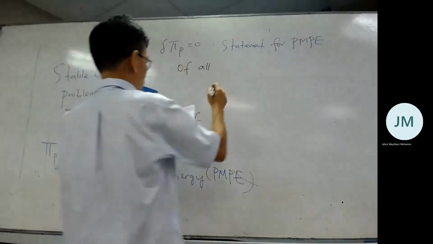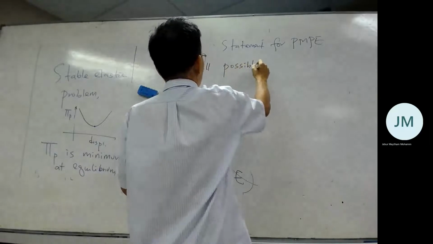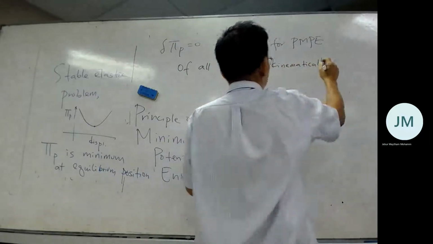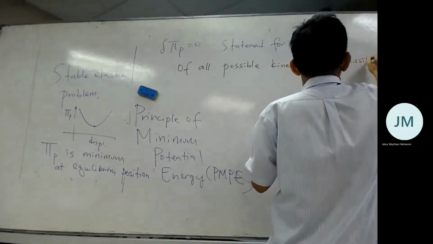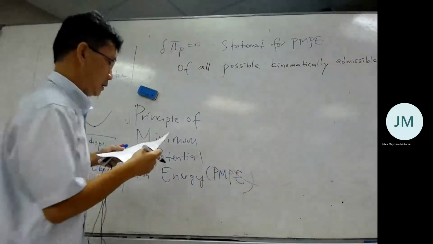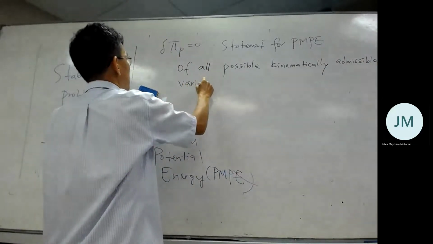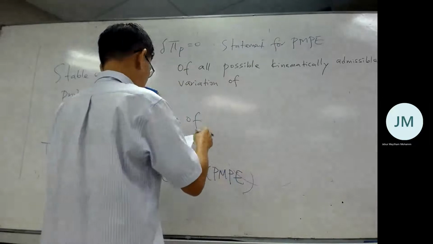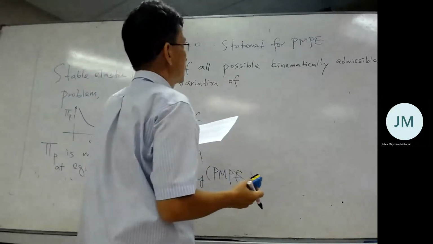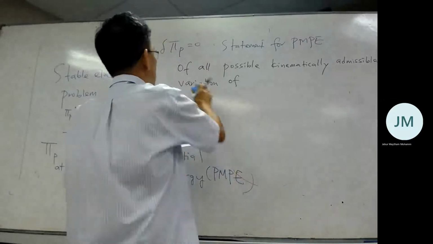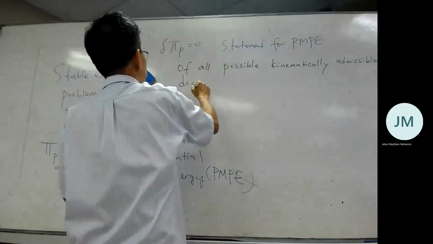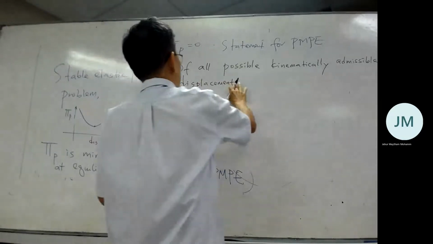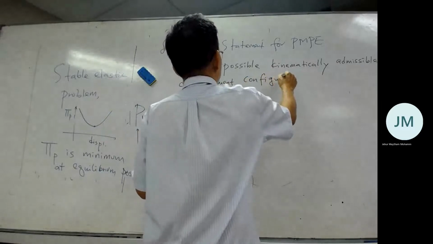The statement is short like this: of all possible kinematically admissible variations of all possible kinematically admissible displacement shape or displacement configurations.